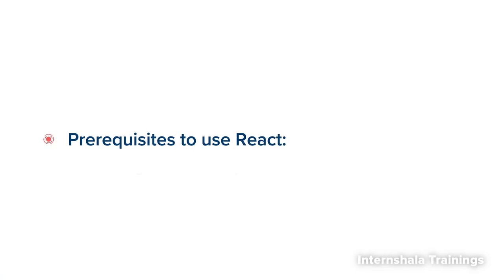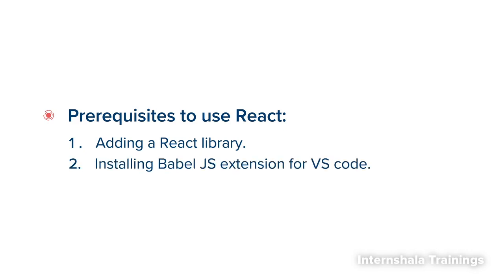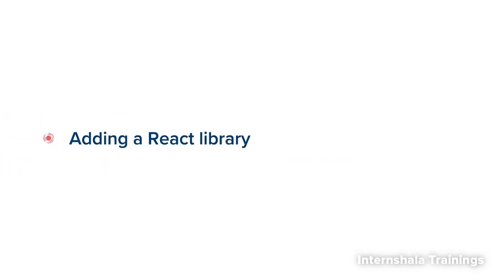Moving further, let us now see how we can use React in our code. To do this, we need to take care of two things. First, we need to understand how we can add the React library in our JS code. Second, we need to install the Babel.js extension for VS Code. Let us discuss these points one by one, starting with the first one.